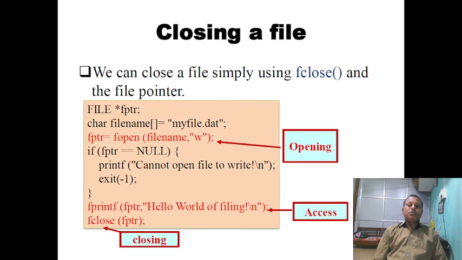It is also important to close a file, and that is done with the function fclose. We have already seen that fptr is the file pointer and fopen is the file open method with an operation mode.